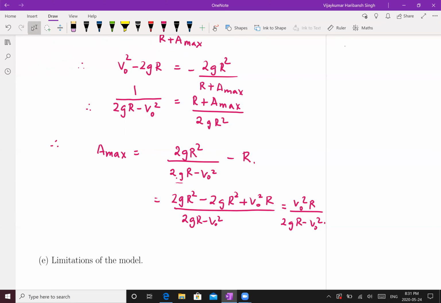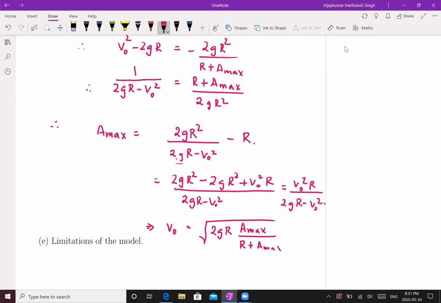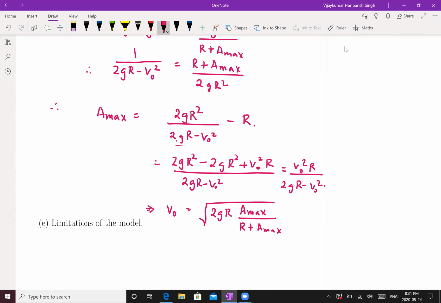Or rather, your velocity, multiplying on the other side and simplifying, will be v0 equals the square root of 2gr a max divided by r plus a max. Now, escape velocity VE is taking the limit as a max goes to infinity, right?